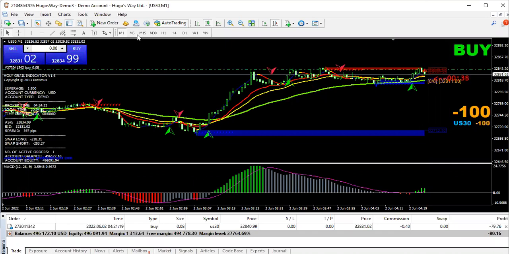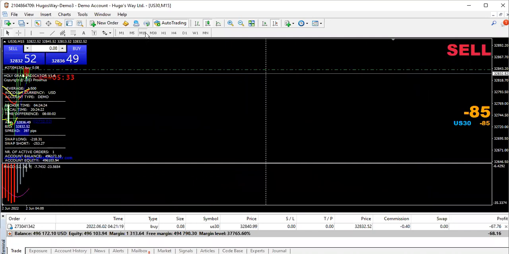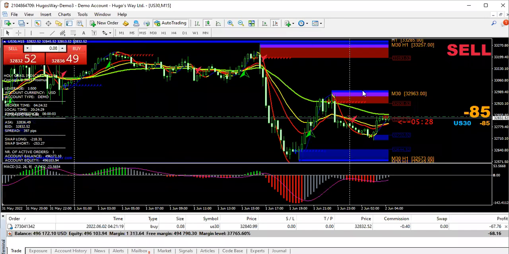So you'll see me go back and forth a lot between the 15-minute and the 1 minute. I like to take my entries on the 1 minute and then go back and watch it play out on the 15-minute. So do you see here? We've got all these areas. This is your basic supply demand, but right here, this darker blue, 30-minute to 1 hour, is a supply demand.